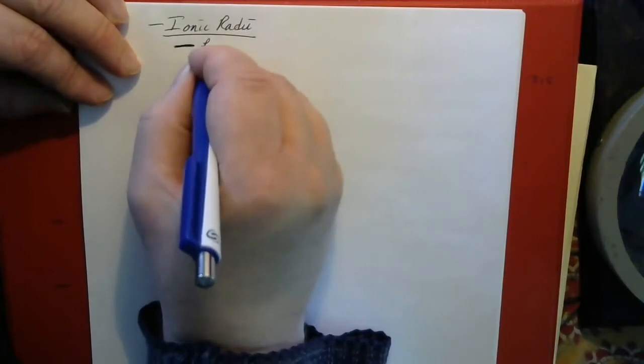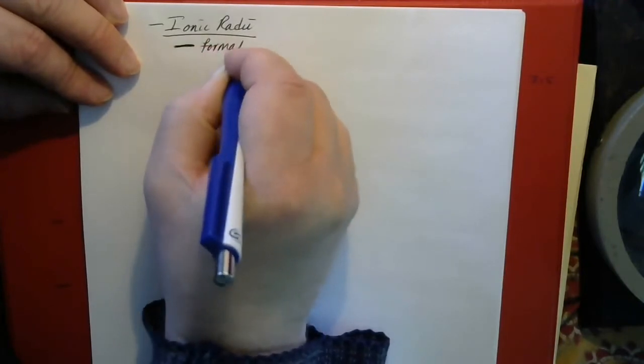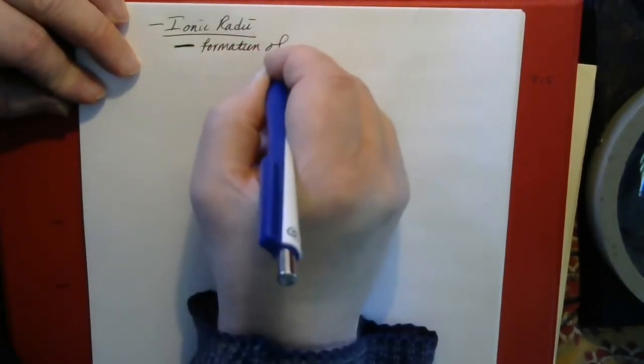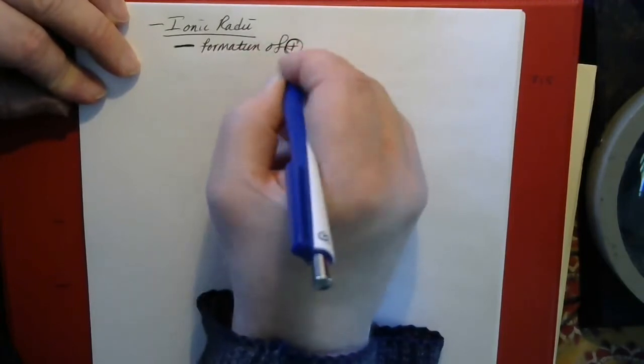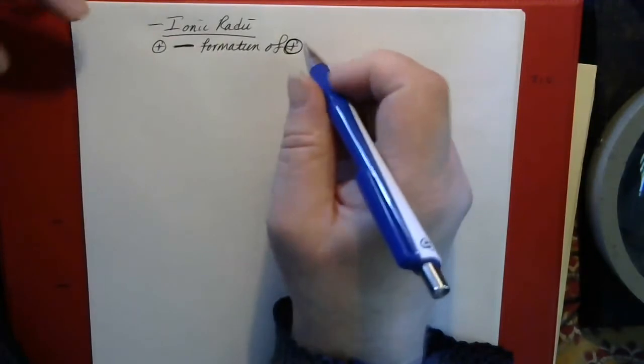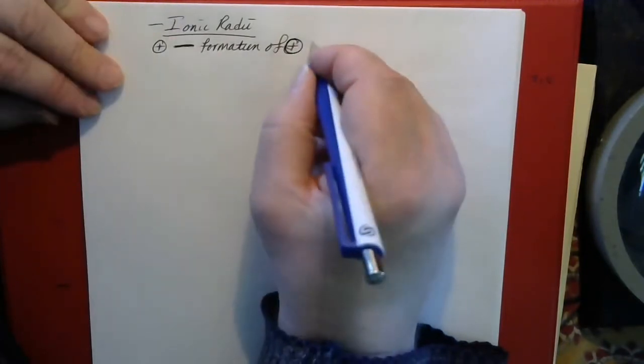Formation of a cation, or a positive ion, means loss of electrons without losing protons.